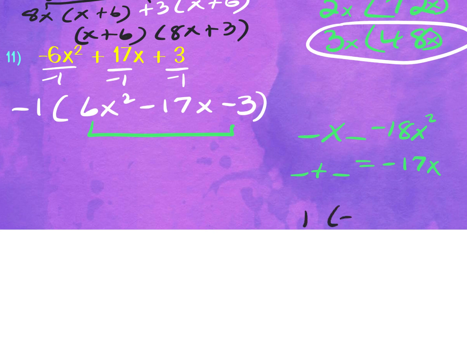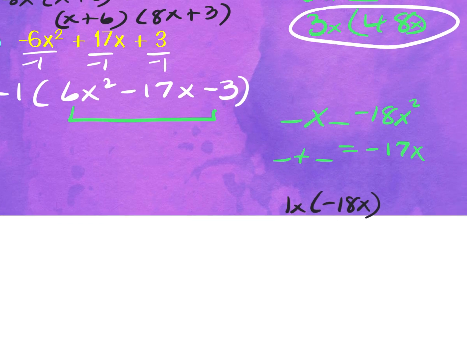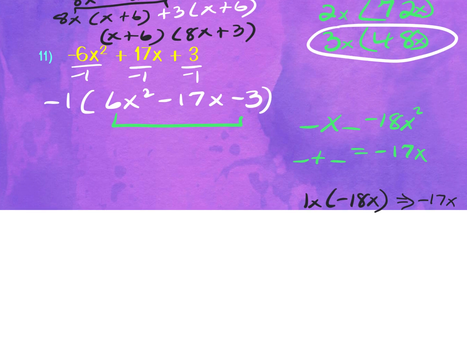The sign of the bigger factor is going to be the negative. So right away, I've got my combination I need, because +1 times -18 gives me the -18, but when I add it, I get the -17. So again, I'm replacing this with the two factors I just found. And again, the order you place them doesn't matter.